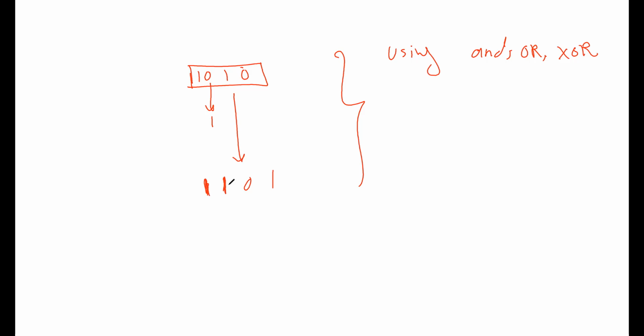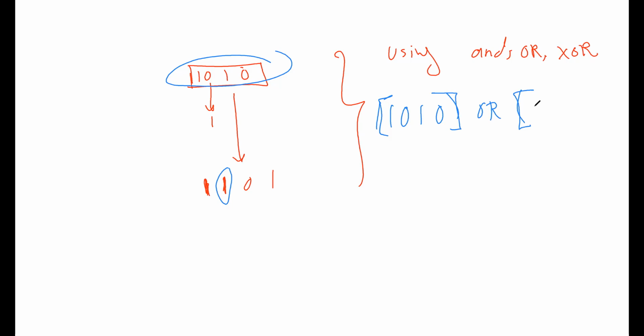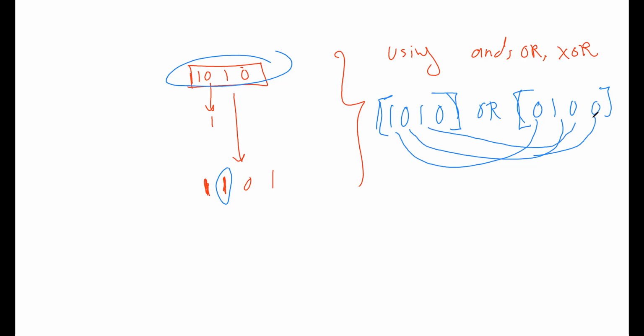If I want to set this bit, this one is a 4-bit number, right? If I do this operation, 1010, and OR it with this number, sorry, let me put a bracket, 0100. Then it's going to do the bitwise operation, this bit with that bit, and so on to the last bit.